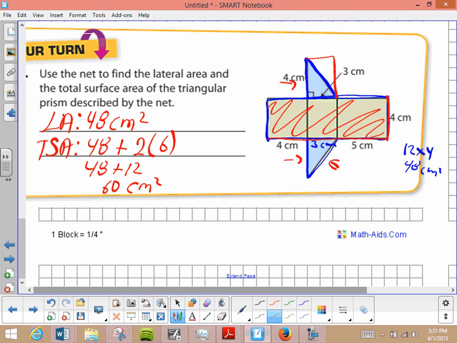The 6 is you multiply 4 times 3 divided by 2 because it's a triangle. You get 6. But we have 2 of those. So 2 times 6 is 12. And the 48 we already had. So we added to it and we get 60. Now, Faith, to your comment that it works, yes, but not all the time. And here is why.